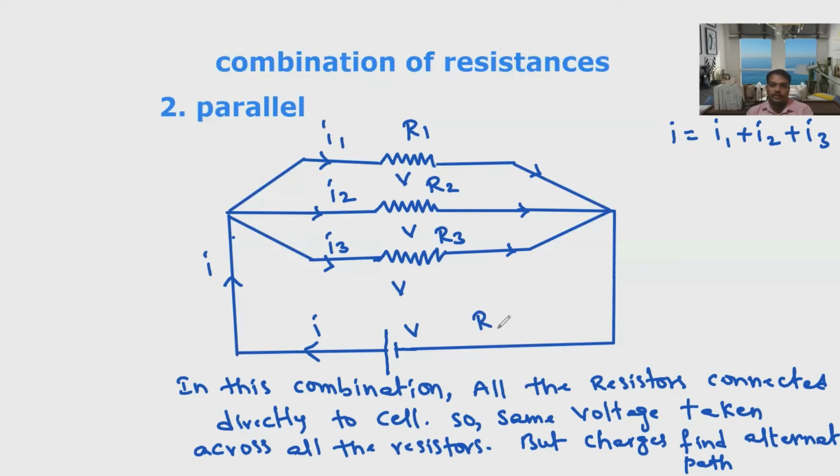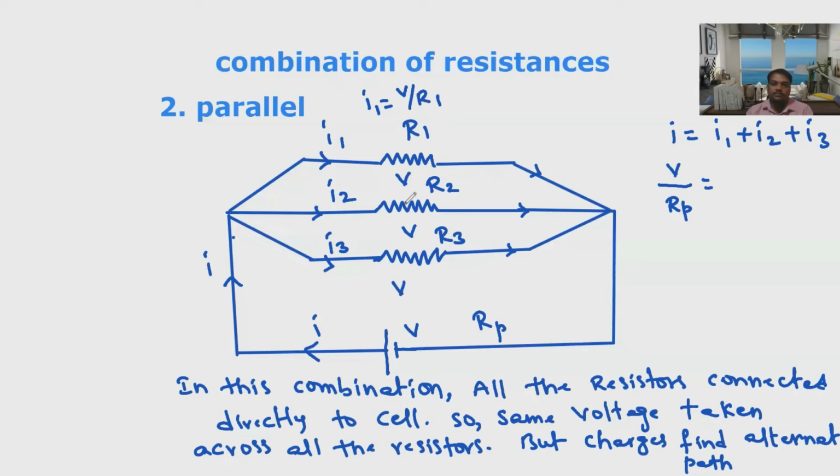Let R be the resultant resistance of this combination. Apply Ohm's law. I, the total current in the circuit, is equal to total voltage by resultant resistance, V by R. That is equal to the current through R1, I1, that is V by R1.